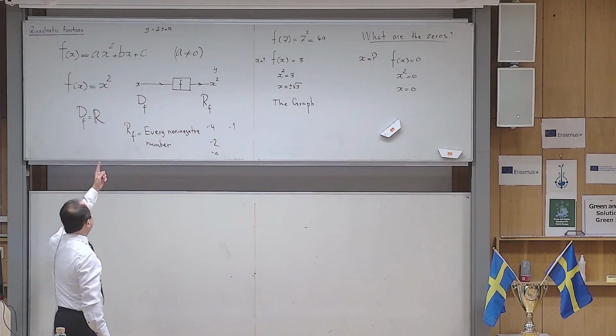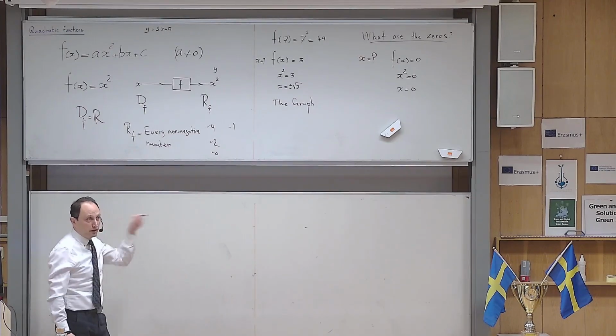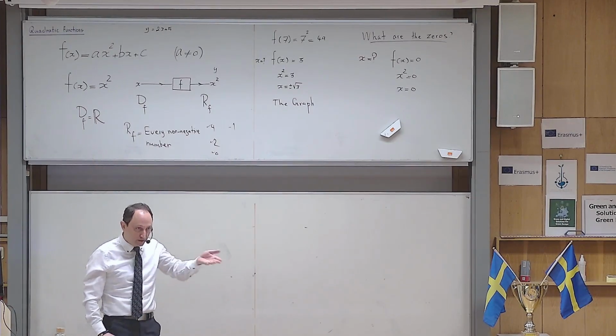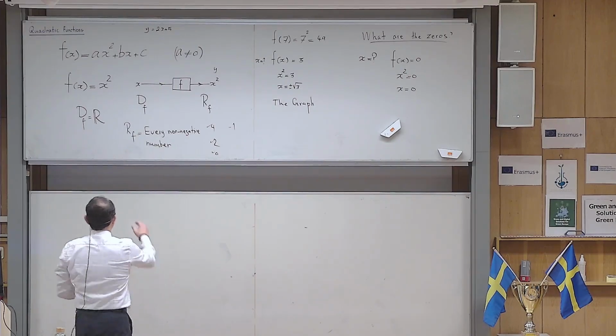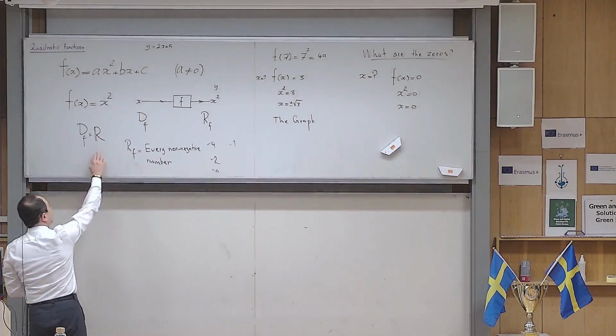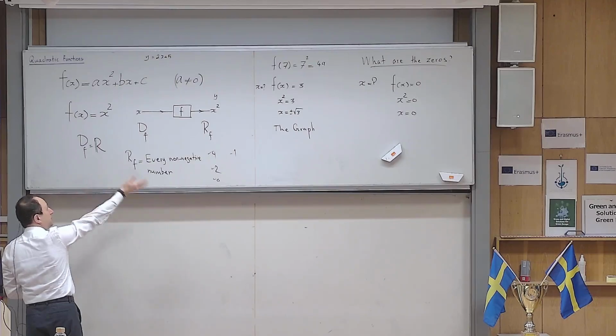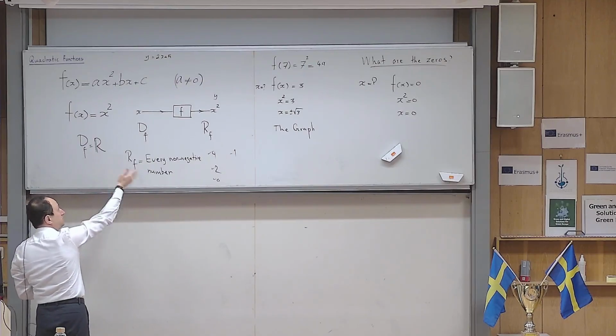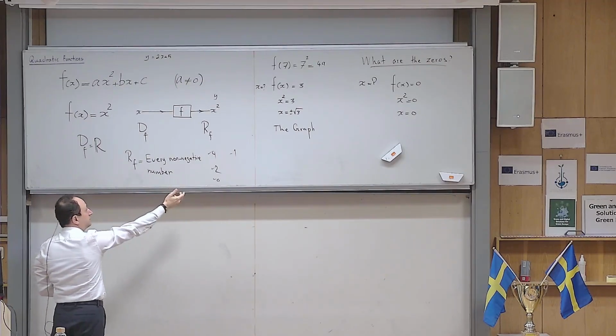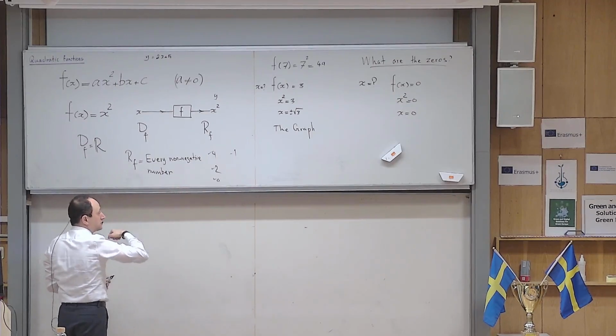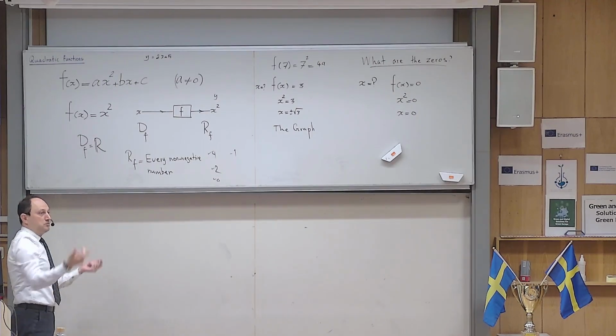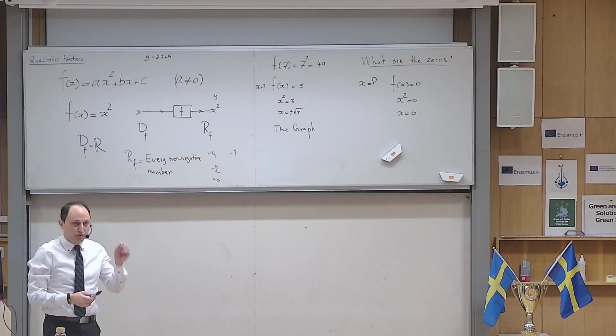Because how many inputs can I send into this very simple function? Infinitely many. According to what you told me, the domain is R. So I can send every possible number in, infinitely many, and I will of course get infinitely many out. And then there will be infinitely many points. I will not have enough time to find all the points.